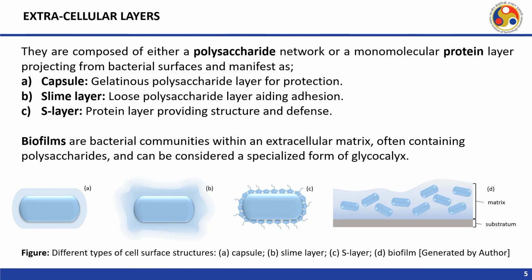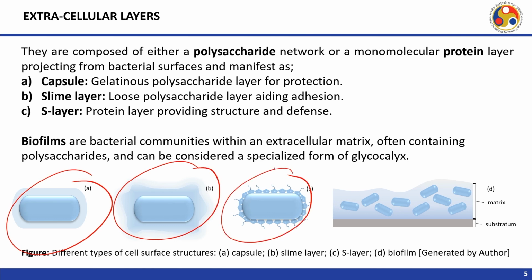Extracellular layers are composed of either a polysaccharide network or a monomolecular protein layer projecting from bacterial surfaces, and they manifest either as a capsule or slime layer or S layer, and also as biofilms.